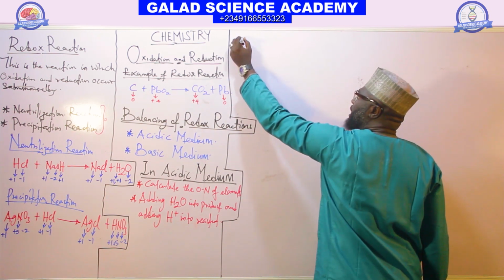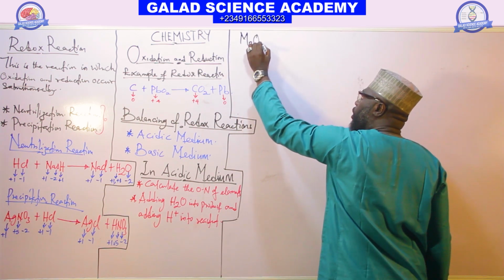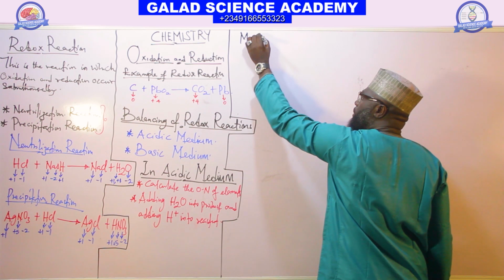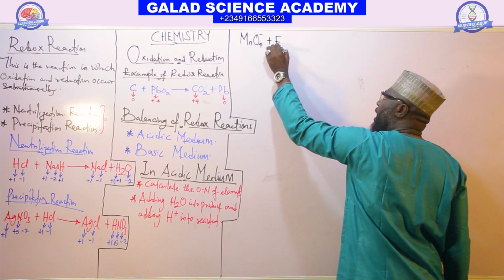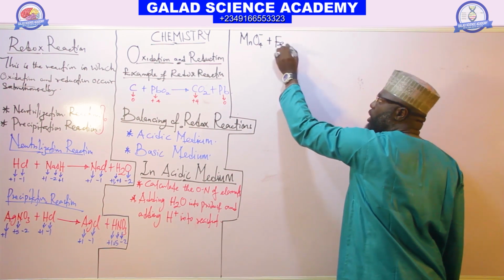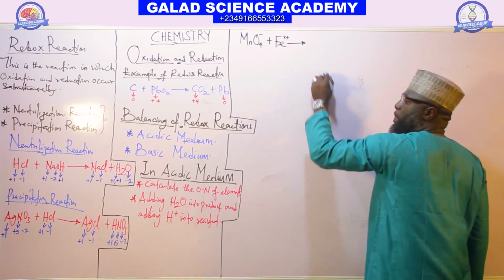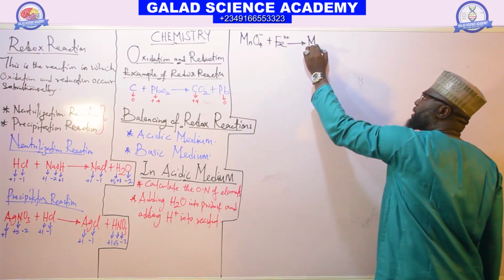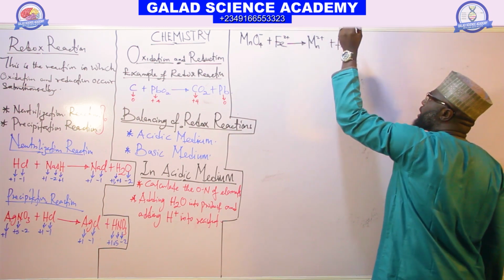We are asked to balance MnO4 minus plus Fe2 plus to give us Mn2 plus and Fe3 plus.